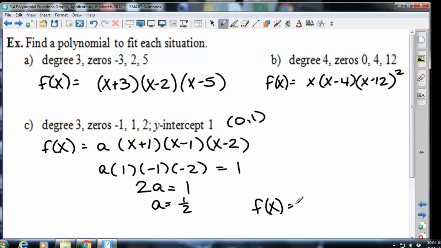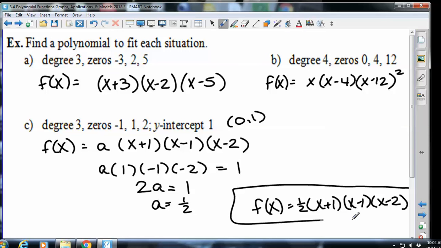So my a is 1/2. So 1 times negative 1 would be negative 1 times negative 2 is 2a.